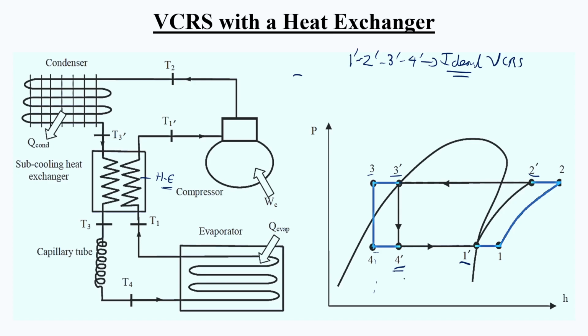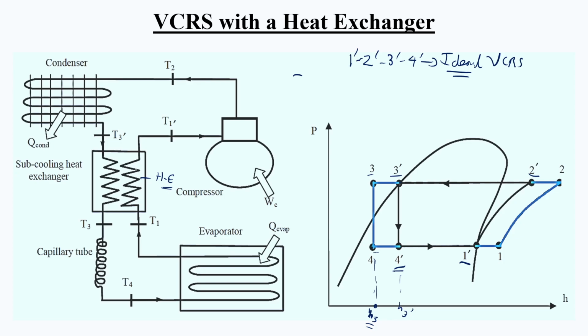We can see the enthalpy of 3 dash will be something like here, and the enthalpy of 3 will be something like here, and enthalpy is nothing but the heat contained in a fluid or system we consider. So as the enthalpy is reducing, the temperature is also decreasing drastically.